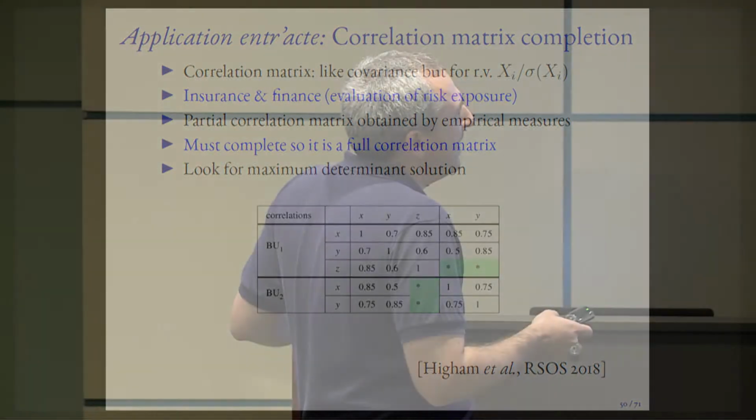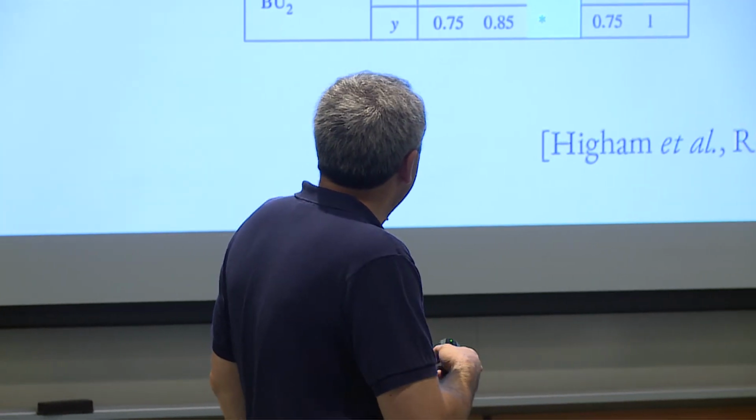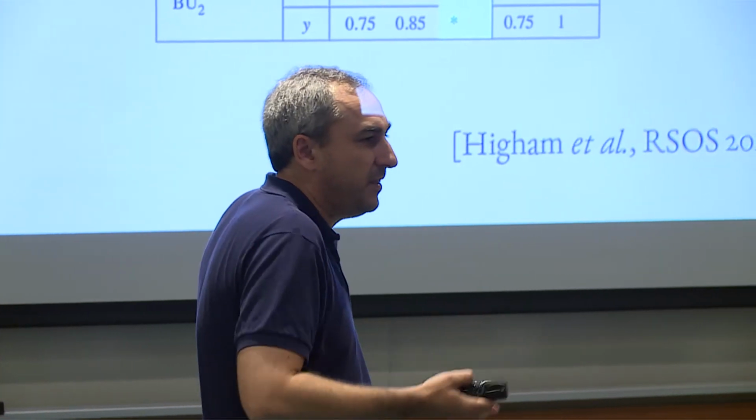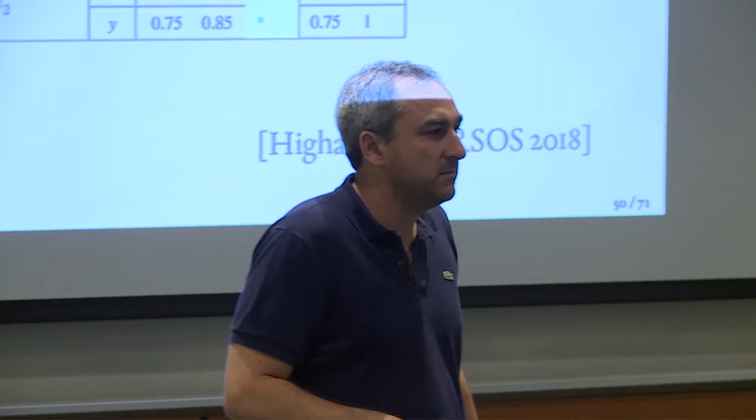Oh, they look for a maximum determinant solution. I didn't read as far as to understand why. Low rank solution? Well, maximum determinant would be the high rank. This is maximum determinant, it's not even log max, but it's the same thing. I don't understand why.